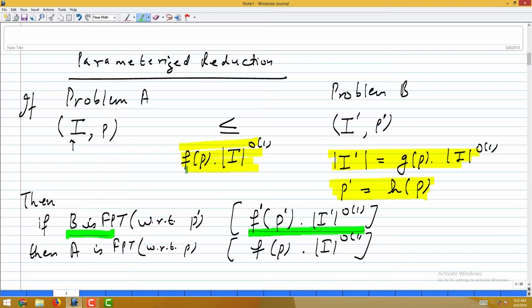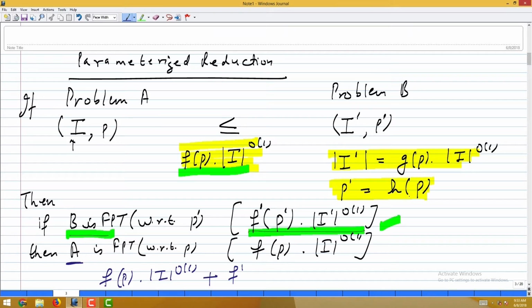It will take f of P into polynomial, this much time, and in this much time we'll reduce it to this instance of B, and then we'll apply this algorithm there, right? So the total time taken to solve the problem would be this f of P time, which is used for the reduction, plus this f prime P prime time.